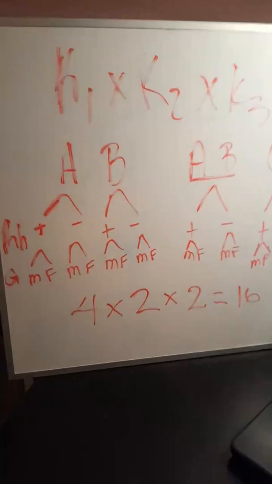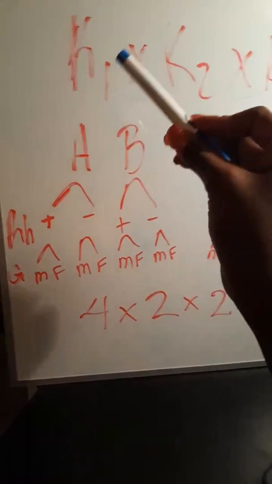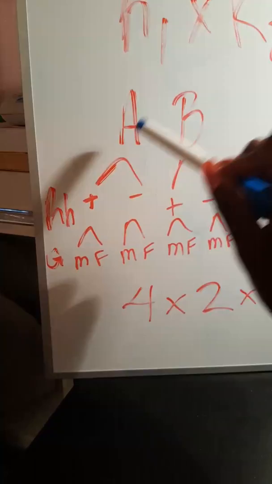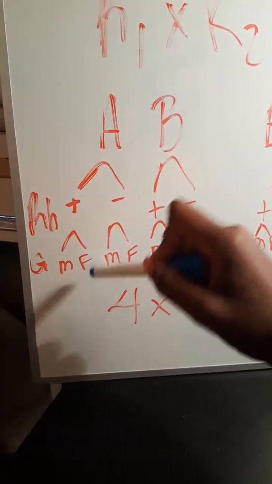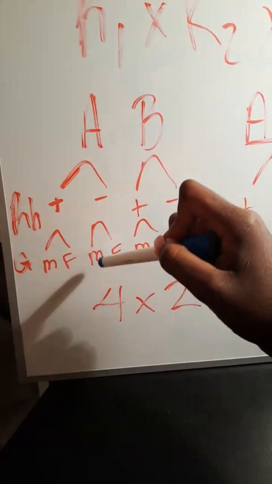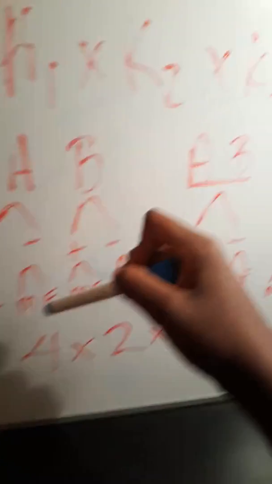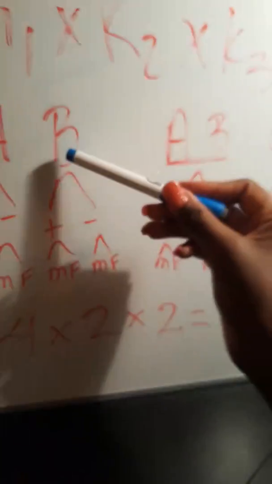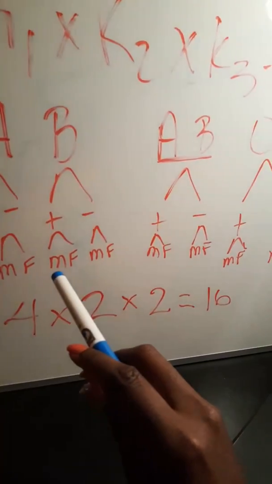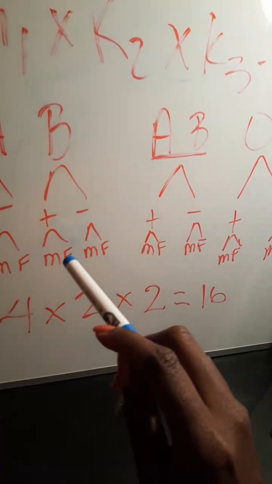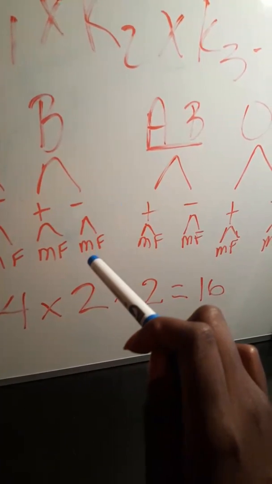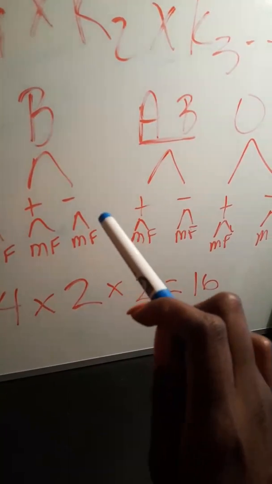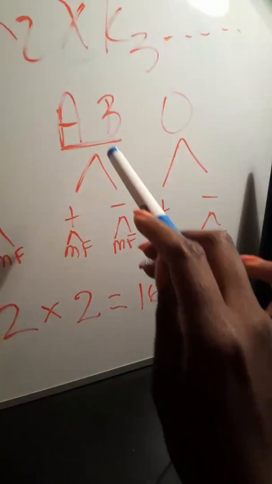If you want to make sure you have the right amount of outcomes, let's count them. A positive male, that's 1. A positive female, 2. A negative male, 3. A negative female, 4. B positive male, 5. B positive female, 6. B negative male, 7. B negative female, 8.